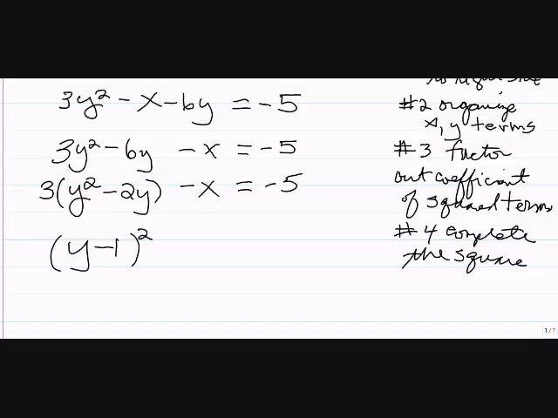The y minus 1 term comes from square rooting y squared, dividing the negative 2 by 2, and taking the y away. And I get y minus 1 squared. But let me finish my sentence. Y minus 1 squared is y squared minus 2y plus negative 1 squared, which is 1.